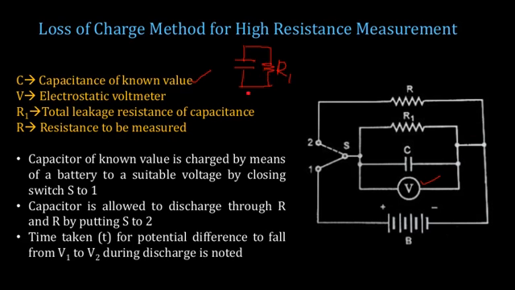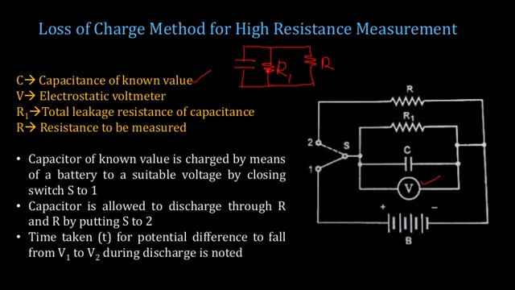Whatever the voltage to which it is charged, it will stay with the capacitor throughout the time period till the capacitor starts to discharge. So once the capacitor discharges, if it is discharging through R, it will be having two paths. One is the internal path which corresponds to the leakage resistance of the capacitor.